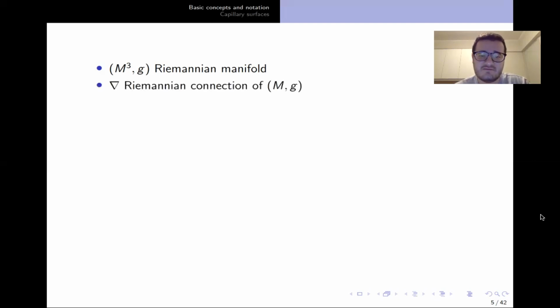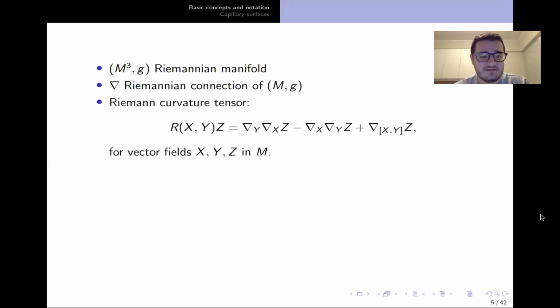So let's fix a Riemannian three manifold M, and we denote by ∇ the Riemannian connection of M. This is very well known to exist for every Riemannian manifold. And we denote by R its Riemann curvature tensor. It's a tensor that takes three vectors and produces a fourth vector.